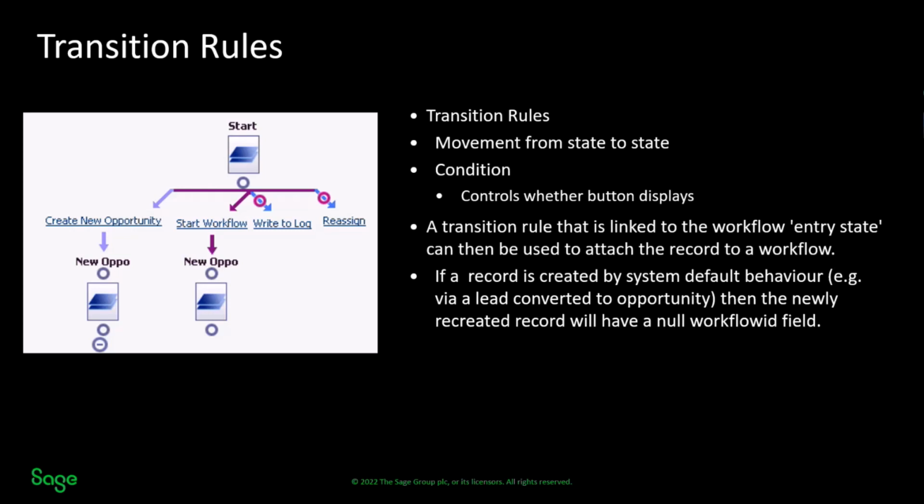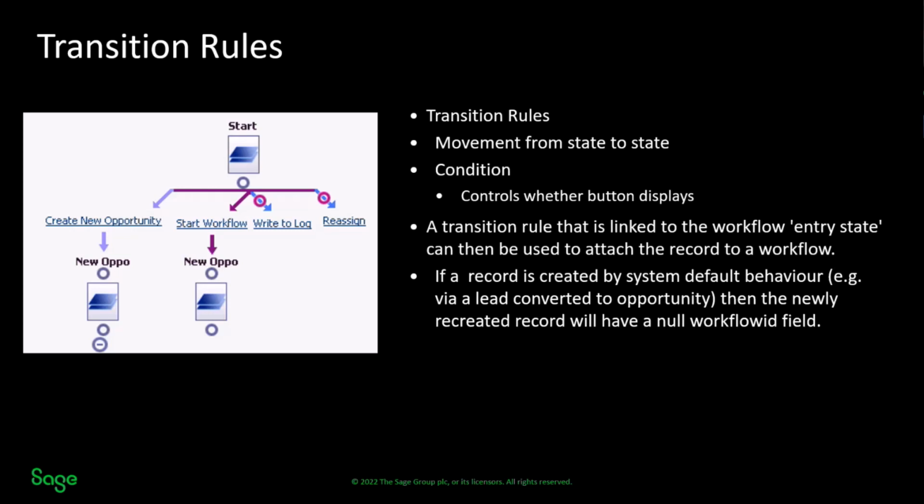And we have an example of this inside the default opportunity workflow, which has transition rules from the entry state, to allow for a record that has been converted behind the scenes from a lead entity into an opportunity, or where something has been imported into the system and you want to then attach it into a workflow. So transition rules typically govern the movement from state to state.